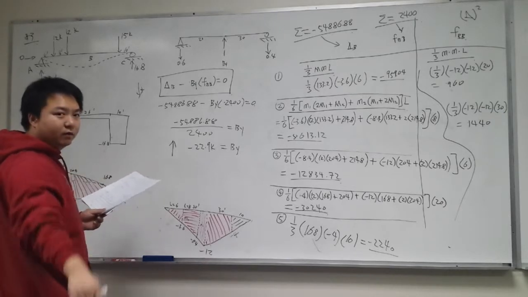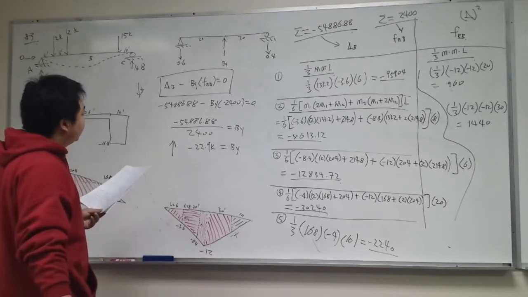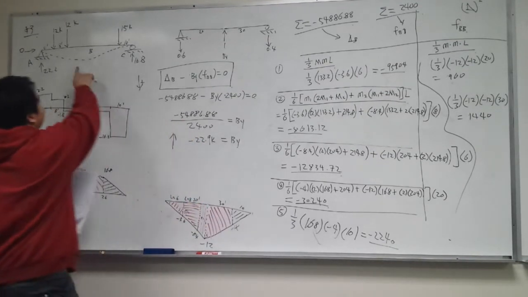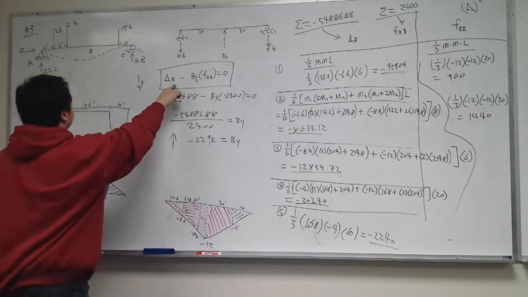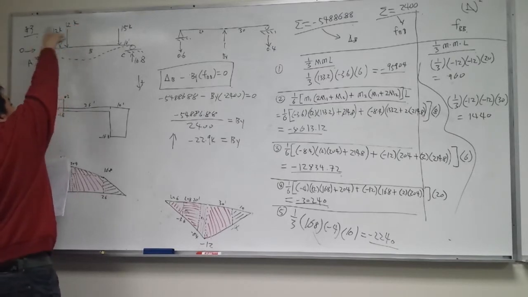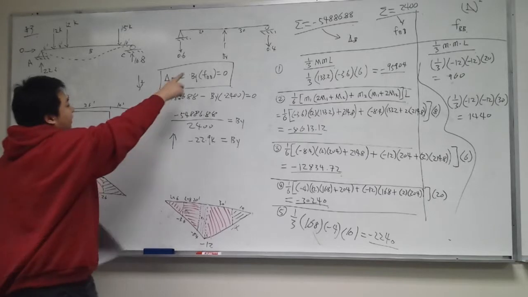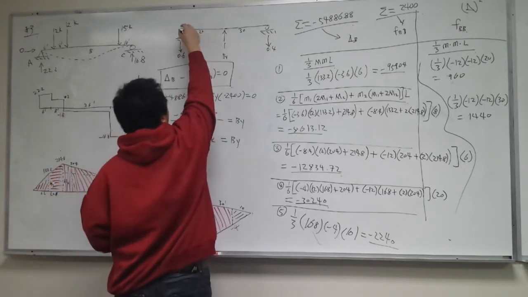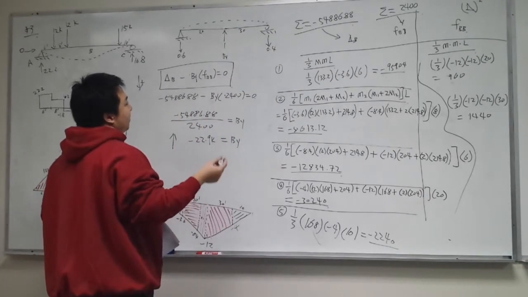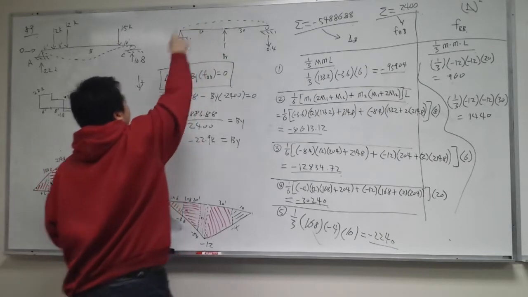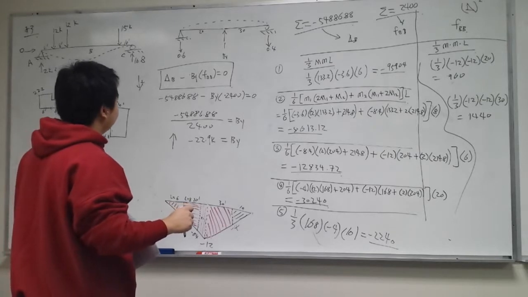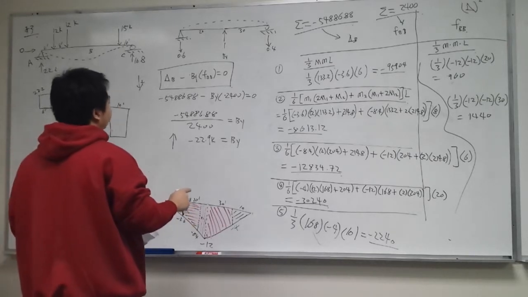Can you stop it for now? Sorry, I made a little mistake. Why WB is positive is because if it deflects this way, you're putting it down, it is clockwise. That's why you have positive. But this one, if you have a force acting up, it's going to create this kind of deflection, so it's counterclockwise. That's why it's negative. Let me make it make sense.